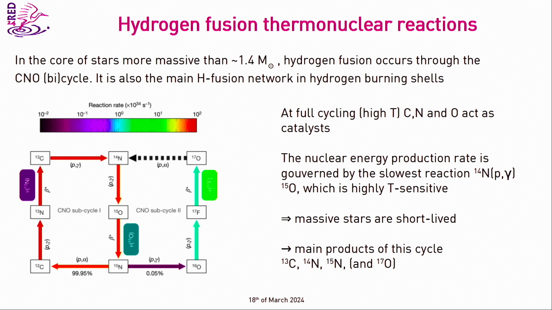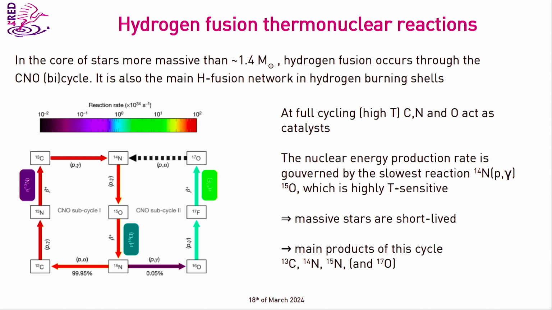So this is what we call a cycle, and we call it a cycle because at full cycling, meaning at high enough temperatures, you start here on carbon 12, you capture a proton, gives you a nitrogen 13, which is unstable, yields to carbon 13, again captures a proton, yields to nitrogen 14, captures a proton, yields to oxygen 15, which is unstable, goes to nitrogen 15, and again captures a proton and can go either to oxygen or to carbon, depending on the particle that you assemble it with.